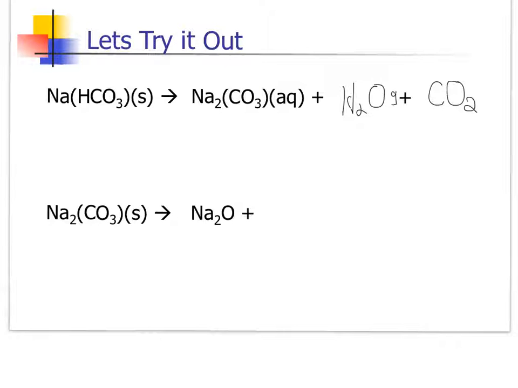Now that usually would be a water gas, and carbon dioxide is also usually always found as a gas. Why that is shown as aqueous is beyond me. That should always be seen as a gas. That is a major typographical error.